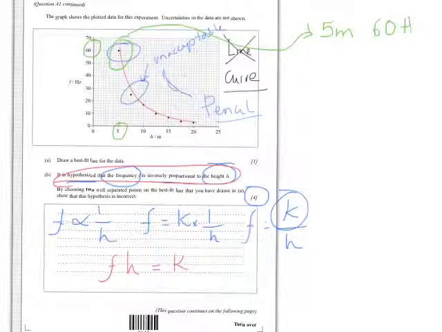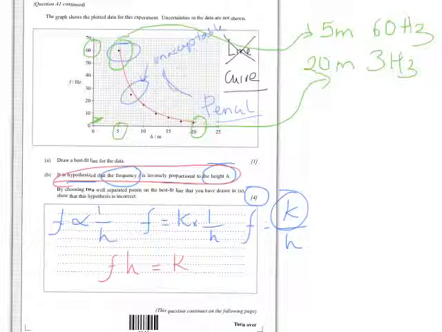And if we look at the second point that I've chosen here, we have 20 meters, and if you count carefully, down there, we have 3 hertz. And I'll rub this out so you can see that point clearly, but it's definitely 3.